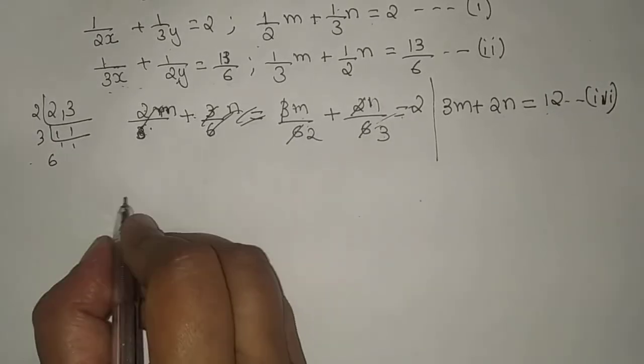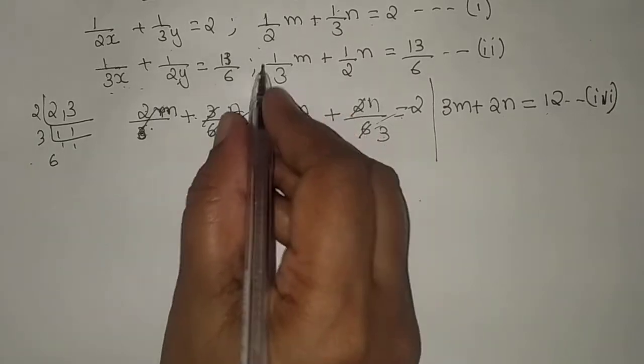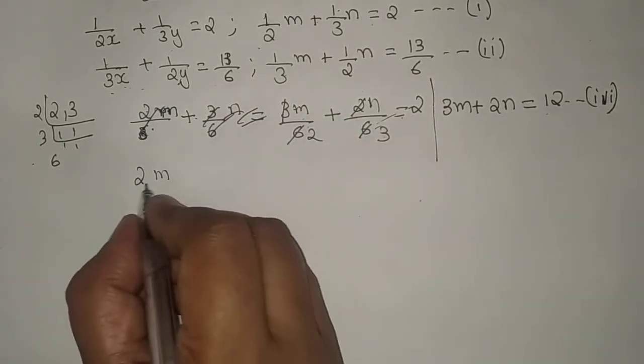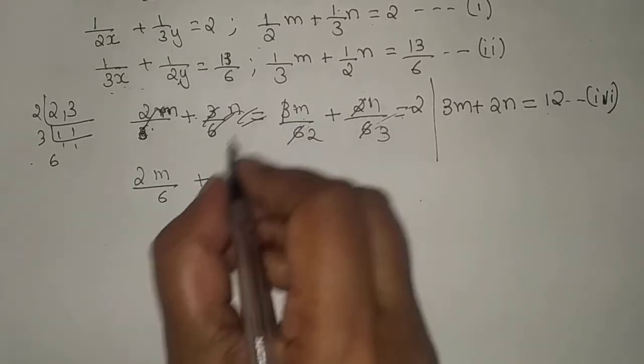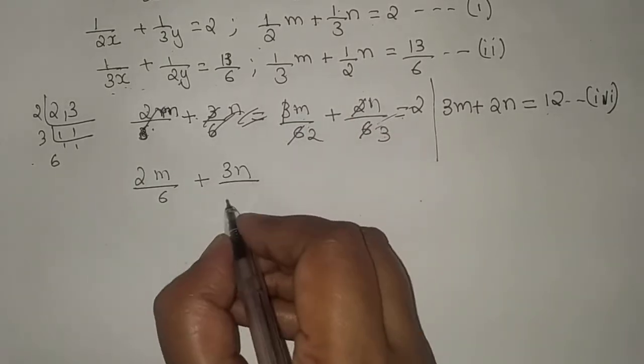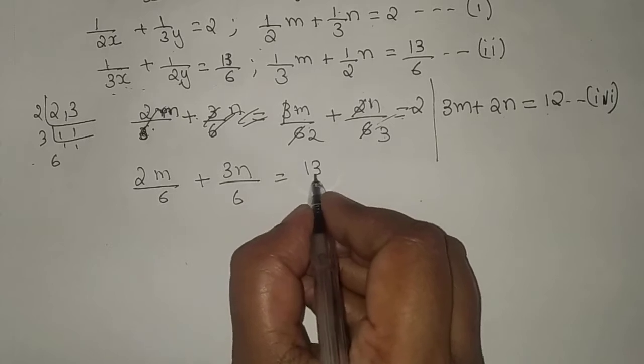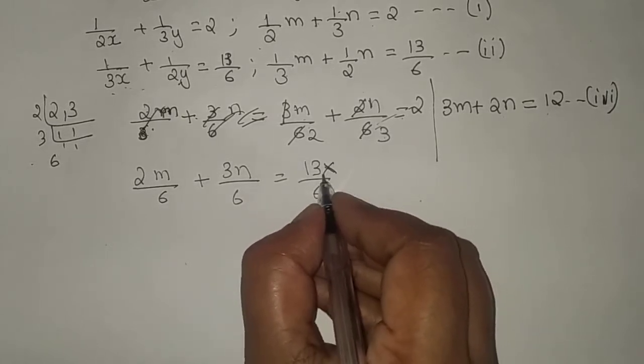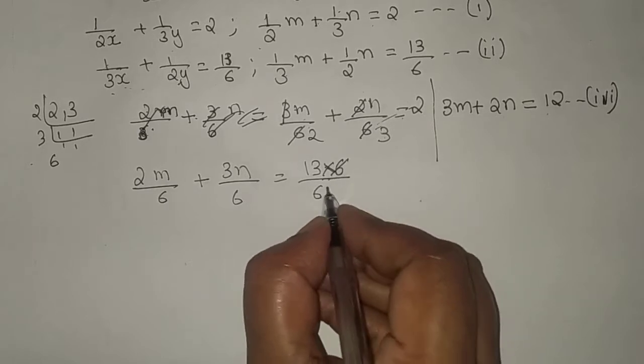The next step is taking the other equation; same thing, find the LCM. Here also the LCM is 6: 2m by 6 plus 3n by 6 is equal to 13 by 6. Again we multiply by 6 here. 6 cancels.